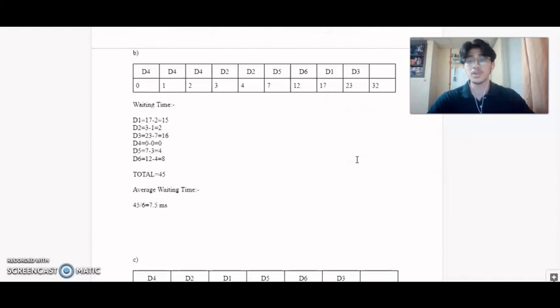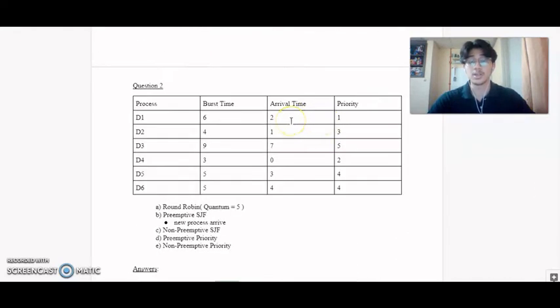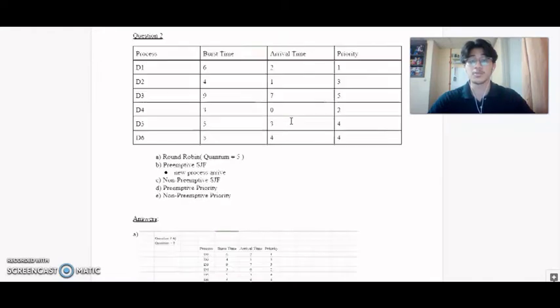So for the waiting time, how do we calculate this? We take the time that the process arrived minus their supposed arrival time. As you can see here, for D1 it arrives at the time of 17, but it supposedly should be in the calculation or in the table at the time of 2.